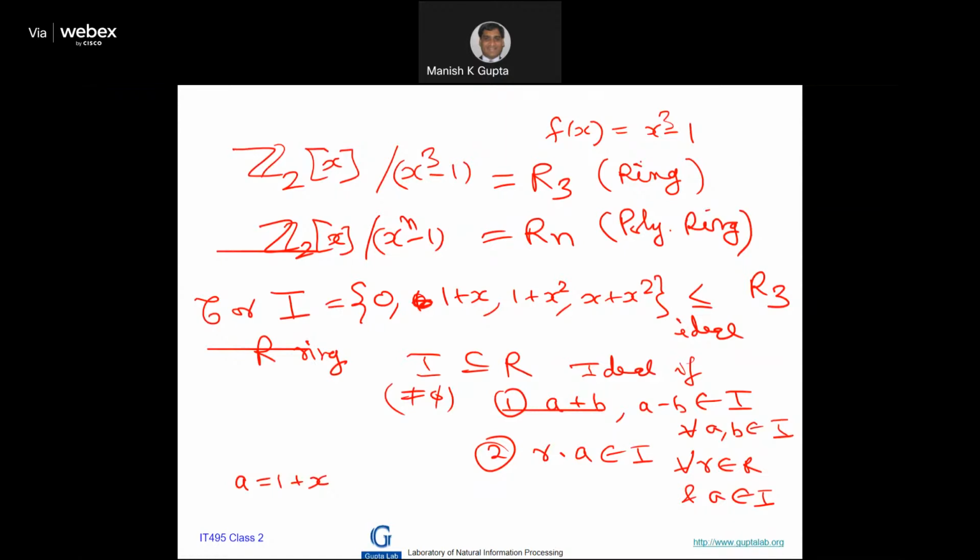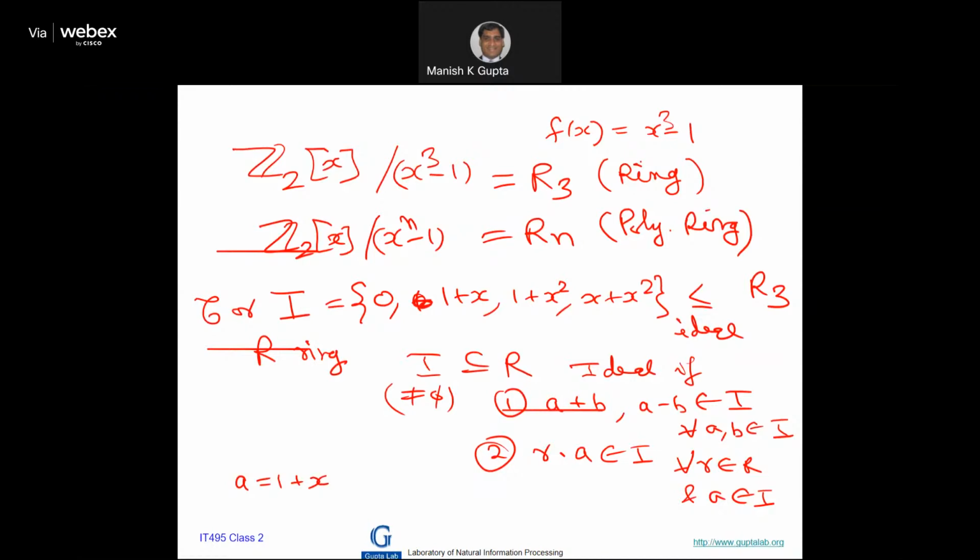If you multiply with 0, it will be in I, the first element. Take the second element, which is 1. 1 times 1 plus x is again in I. Take the next element, x. What happens if you multiply this with x? You get x plus x squared, which is a member here, right?